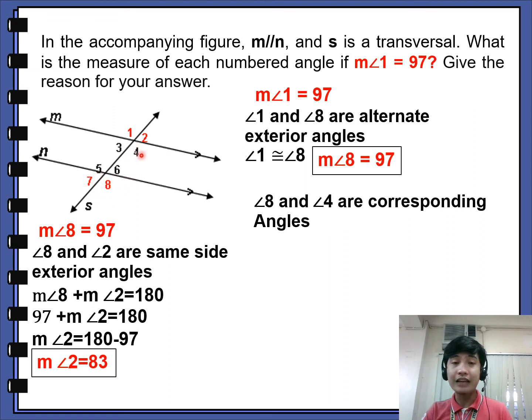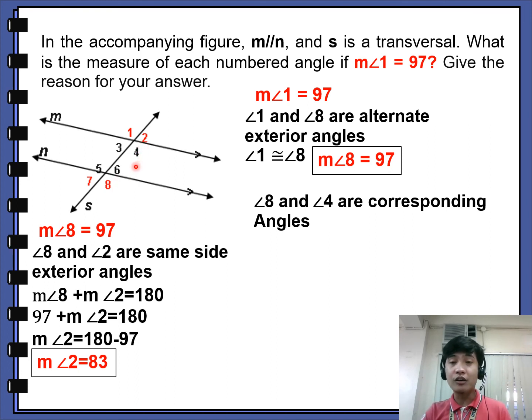Ang ginawa lang natin, humanap tayo doon sa mga properties or angle relationships in parallel lines na pwede nating gamitin para makahanap tayo ng correct combination with angle 8. And si angle 8 ay pwede nating i-partner kay angle 4. And si angle 8 and angle 4 are corresponding angles.